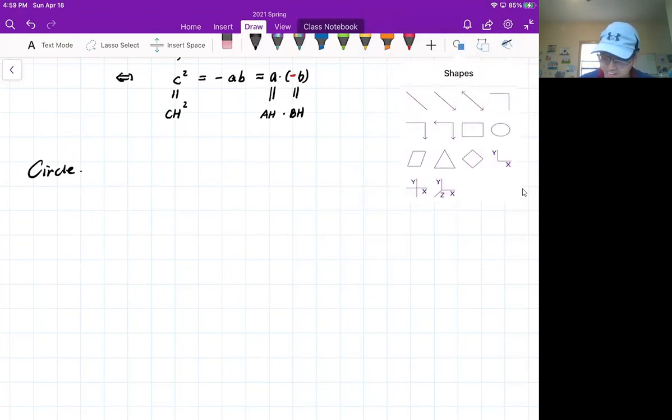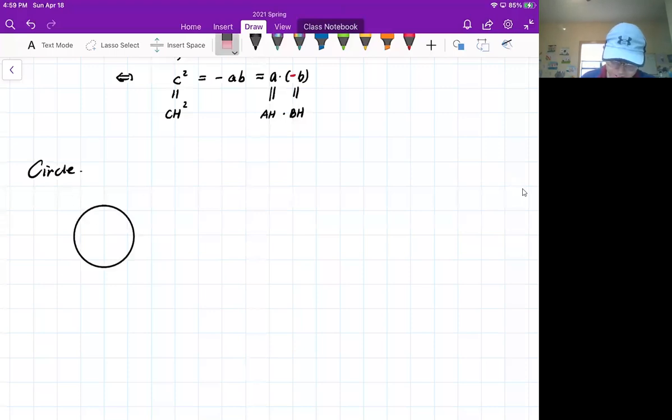I'm still trying this. Okay, good. I want to have an endpoint here. Very good.